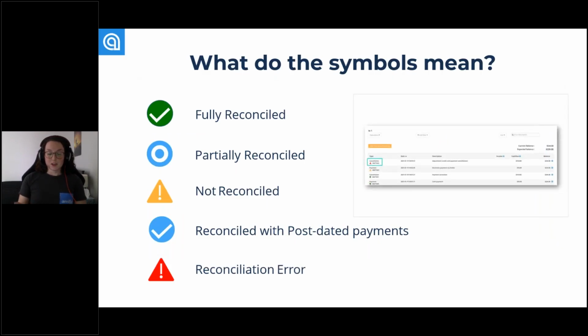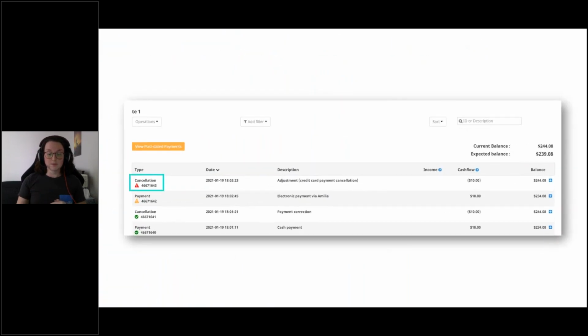This reconciliation error, so this scary red triangle, is quite rare. It happens from time to time. If you do notice a reconciliation error, you can report it to us, as this is a glitch and it is not supposed to happen. So for example, in this account, you'll see that there is a red reconciliation error on this cancellation transaction.